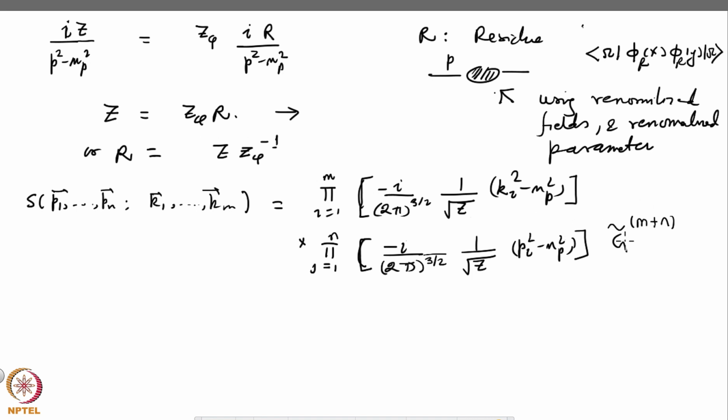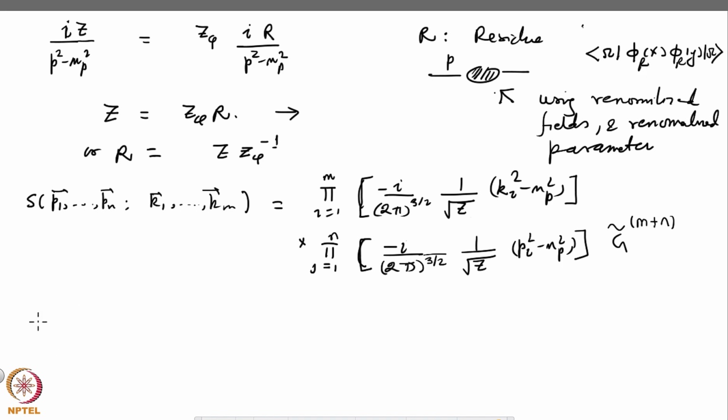And G tilde of m plus n, this is just like what you have here with two fields. This is an object constructed out of m plus n fields, and each field, when you turn to renormalized field, will give you a factor of root Z_phi.